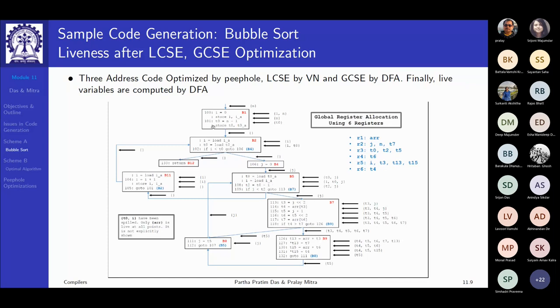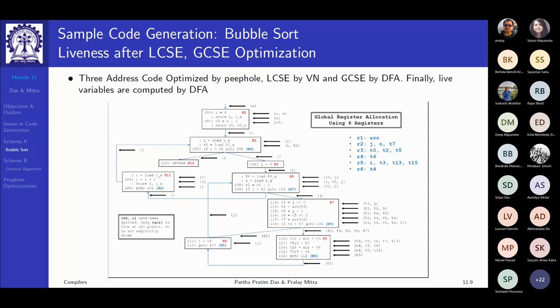Similarly, T0 has been spilled. So with 6 registers, we can have a total global allocation. T0 and I have been spilled. Only ARR is live, which is the array, of course. That is the big thing.